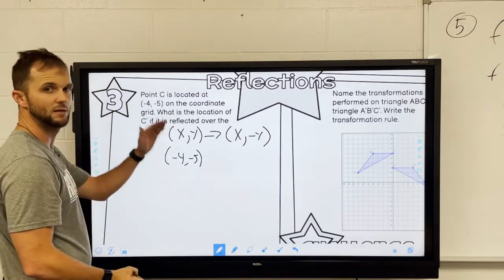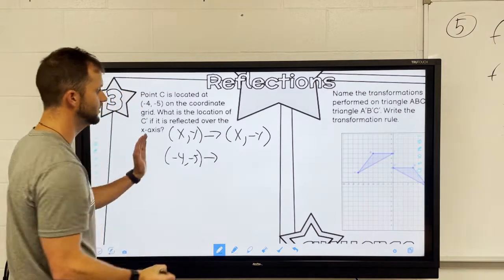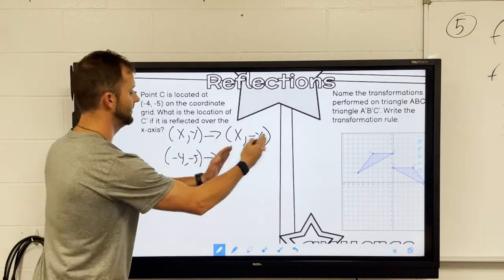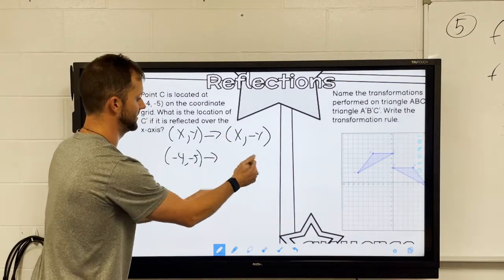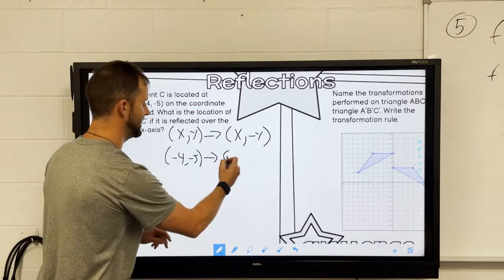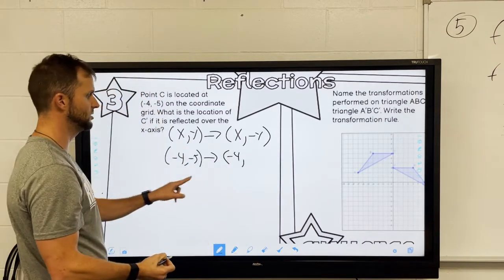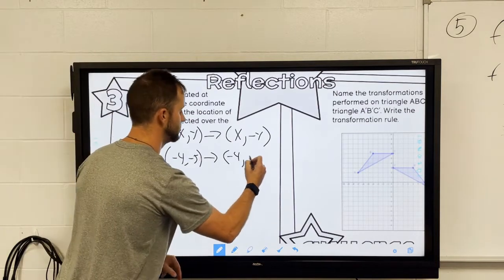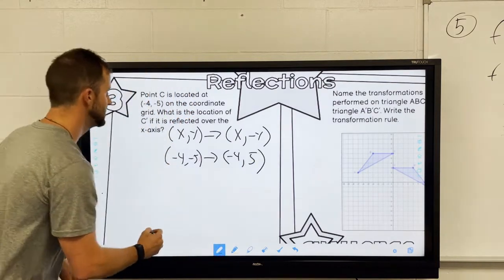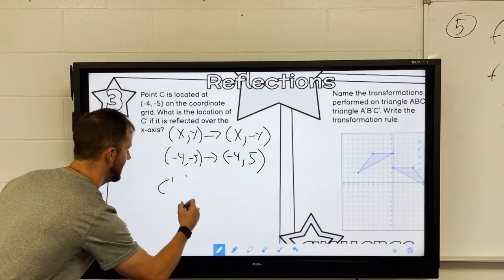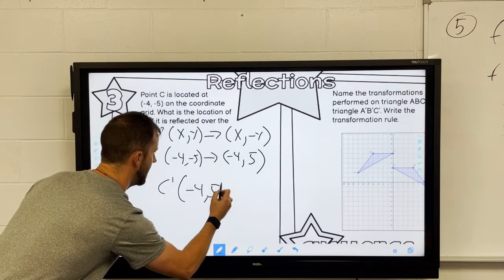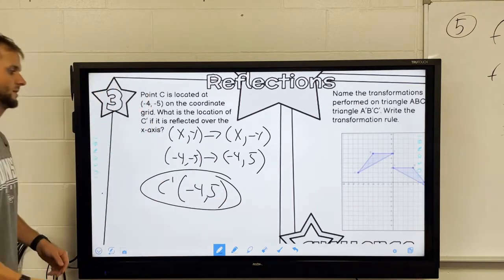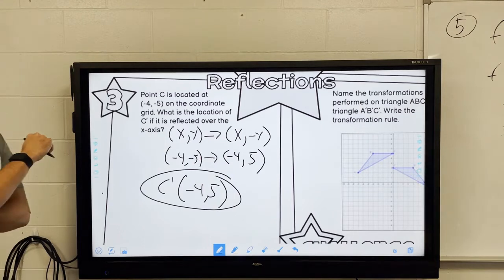This is my pre-image. And when I put it through the transformation, it's going to come out the other end with my y being the opposite. So x is going to stay the same, and I'm going to change my y coordinate to its opposite, which would be positive 5. So ladies and gentlemen, the coordinates for C prime are going to be negative 4, 5 whenever I go across the x-axis. Okay?